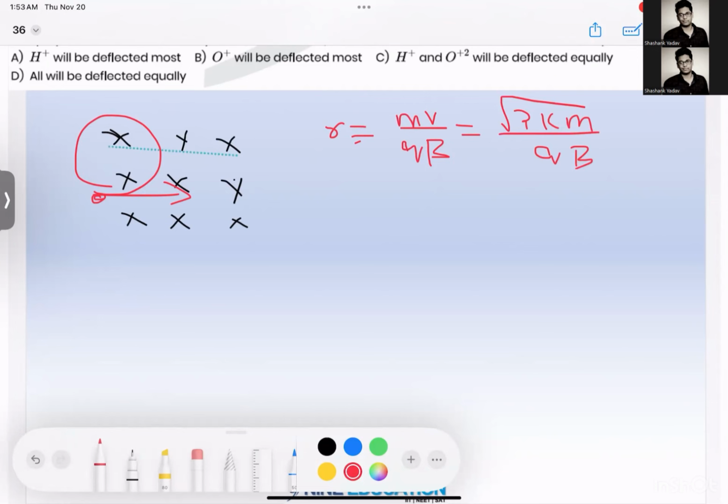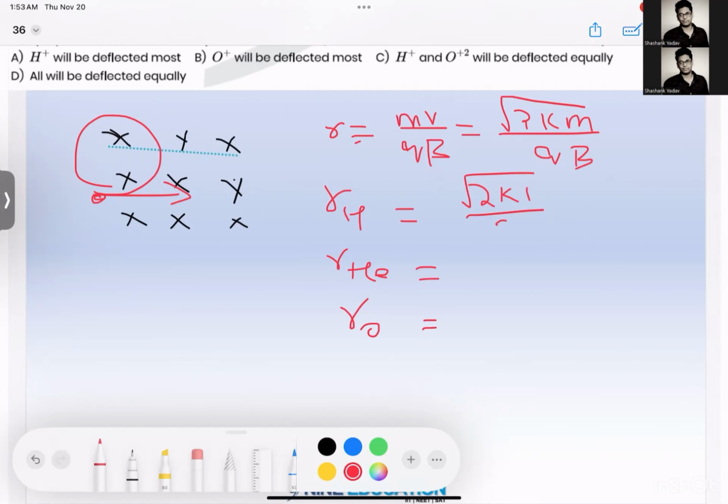So for hydrogen, for helium, and for oxygen, if we try to find out the same things, here we know that kinetic energy is same. Therefore, for hydrogen this is going to be root 2K into the mass of hydrogen, 1 AMU, by charge.